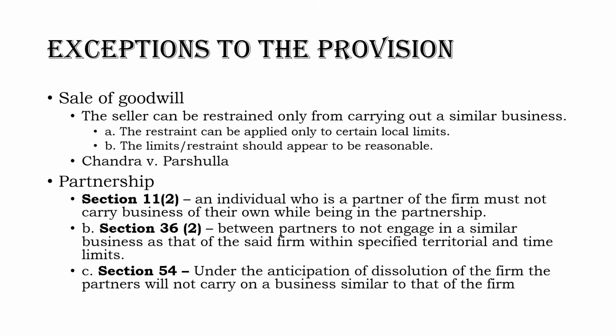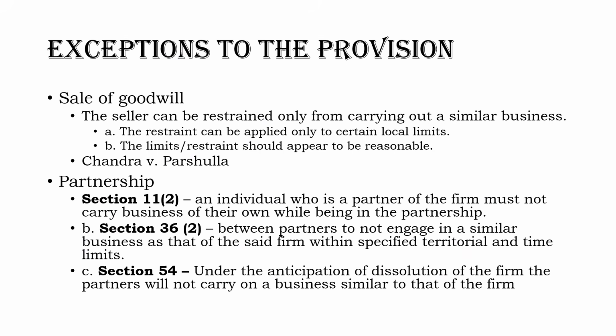And if we take Section 36 Clause 2, post-exit non-compete, meaning if partner B retires from ABC Bakers, he cannot start a similar bakery across the street right away. The partnership deed can state the time limit as well as the geographical limit.